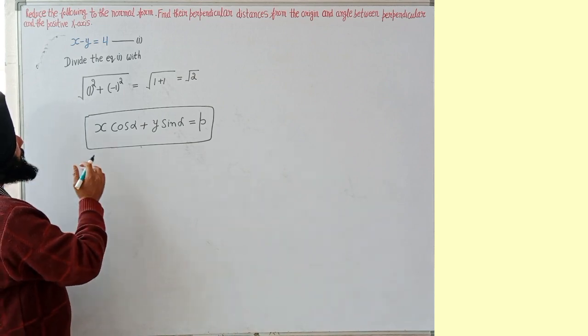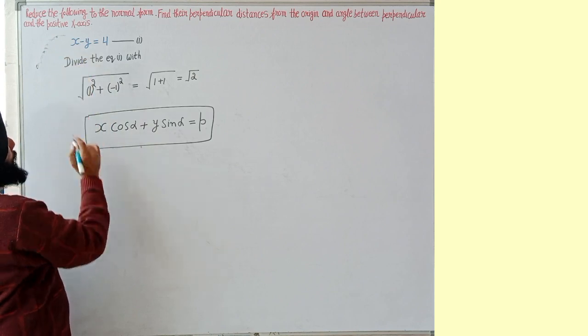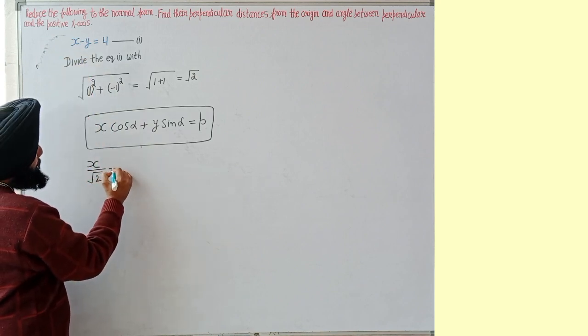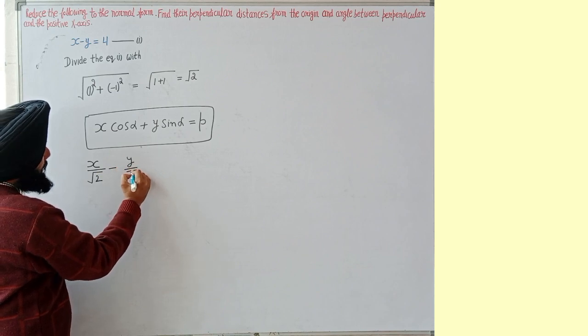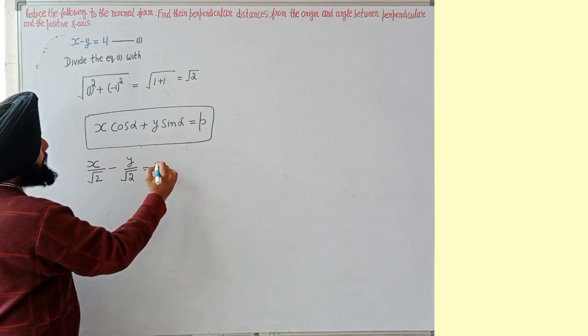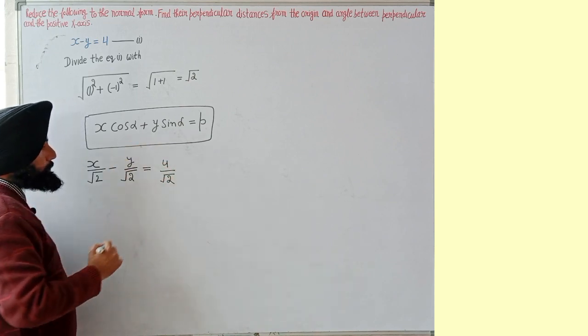Now x over under root 2 minus y over under root 2 equal to 4 over under root 2.